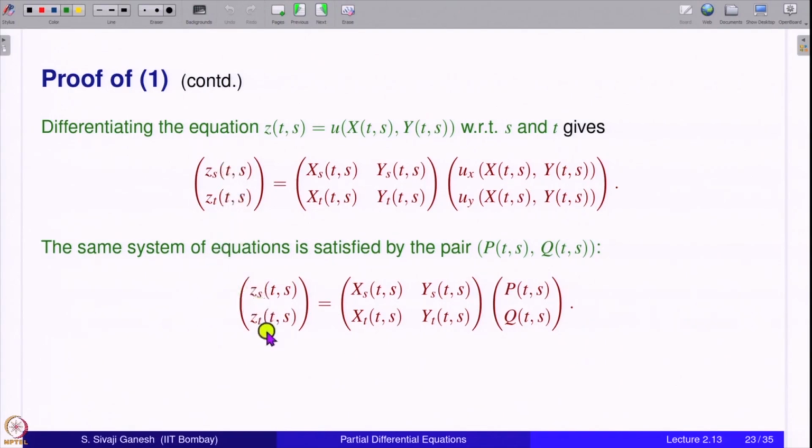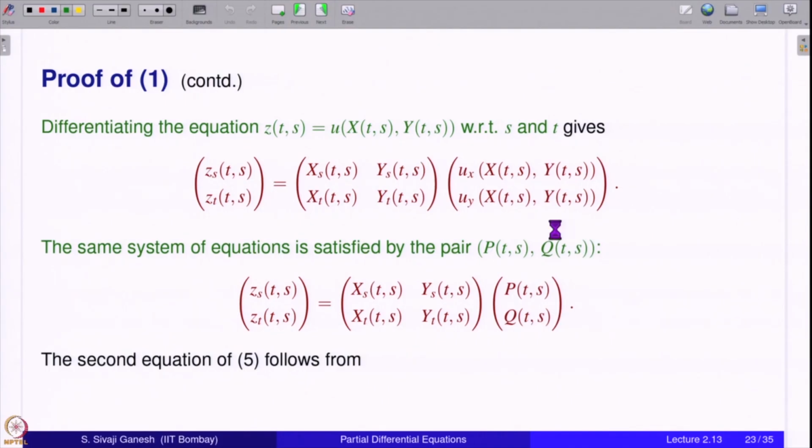So, this is the same, this is the same, and if this is invertible, these two must be the same. Is this invertible? That is the question. It is invertible because of change of variables. This is a Jacobian corresponding to a change of variables. Therefore, this will always be invertible. So, the moment we establish this system, it automatically follows that this pair is the same as this pair.